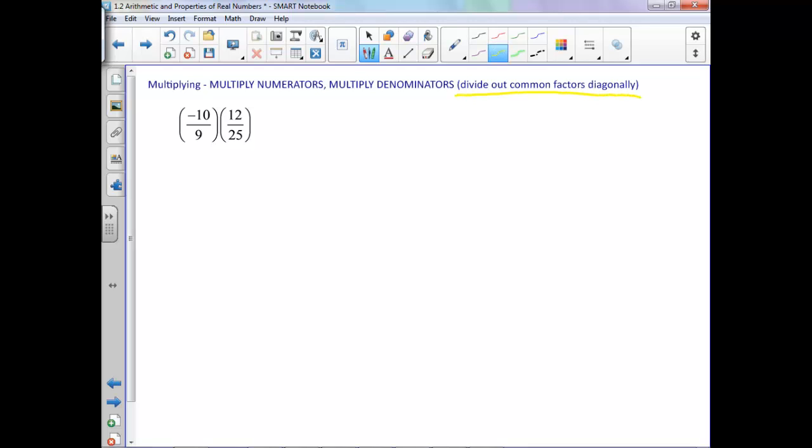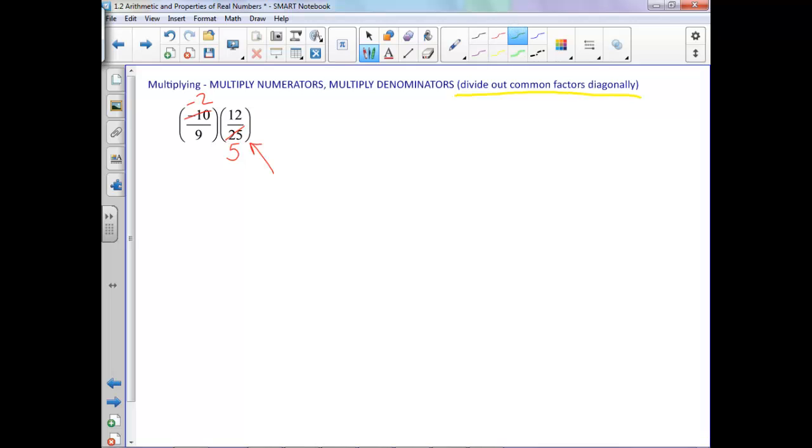Alright, when we multiply, you want to multiply your numerators and denominators, but it's in your best interest to divide out common factors along the diagonal first. You'll just have smaller numbers to deal with, make it more manageable. So first off, when we look along this diagonal, we can take a 5 out of both of them. So 25 divided by 5 is 5. Negative 10 divided by 5 is negative 2.